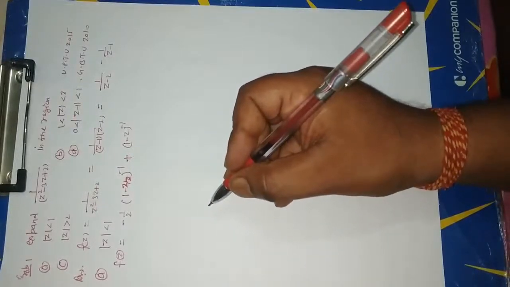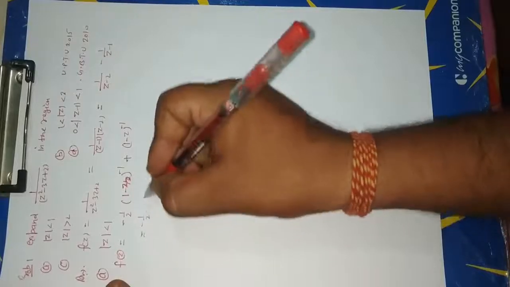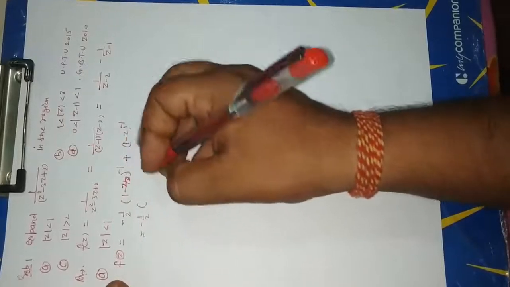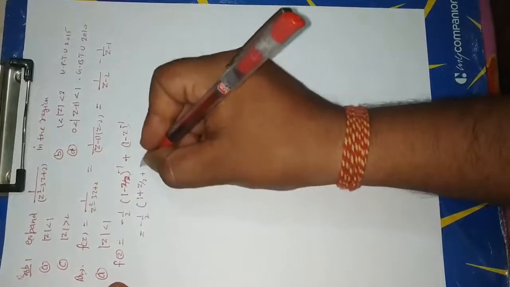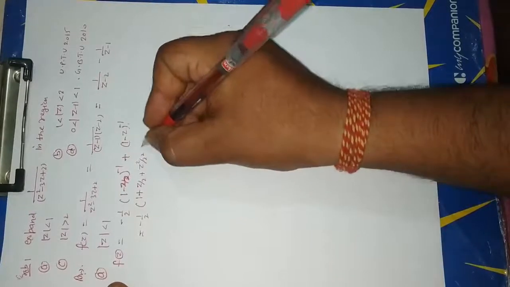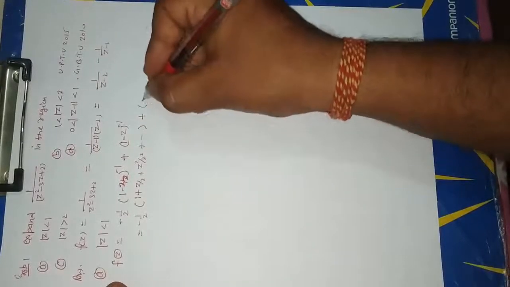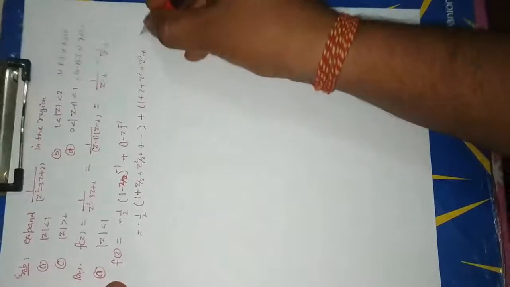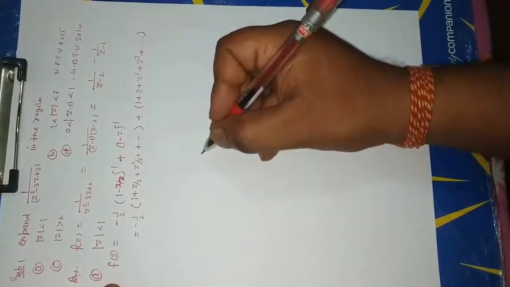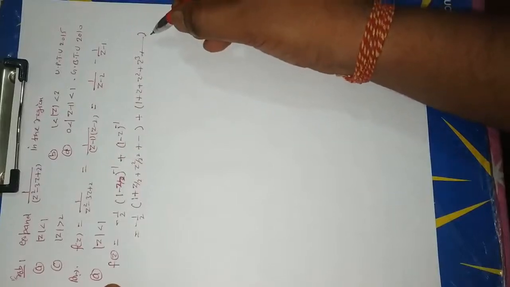Okay student? This is equal to minus 1 upon 2, expand binomially, 1 plus z by 2 plus z square upon 2 square plus up to infinite number of terms, plus the expansion 1 plus z plus z square plus z cube plus up to dot. In this series, expansion has infinite number of terms.